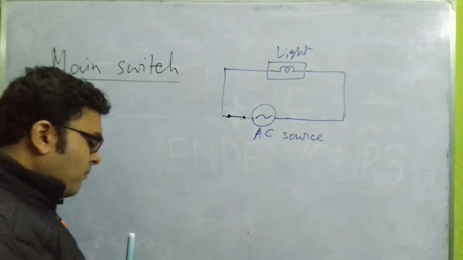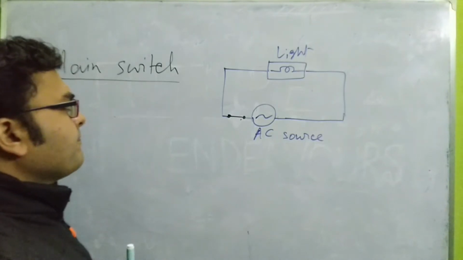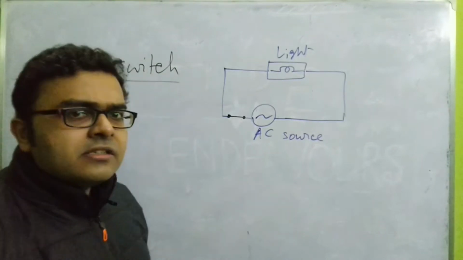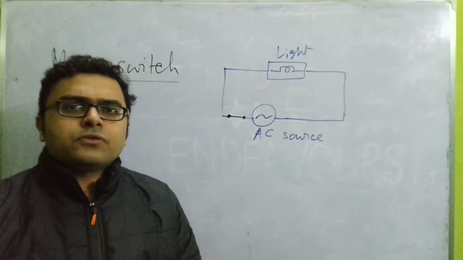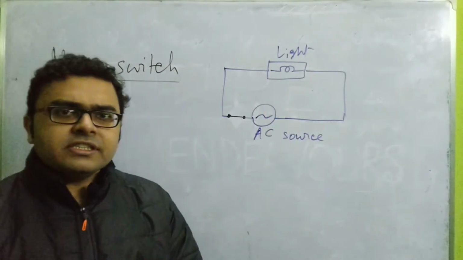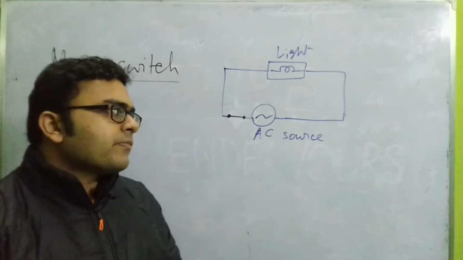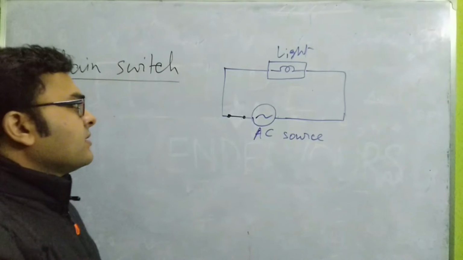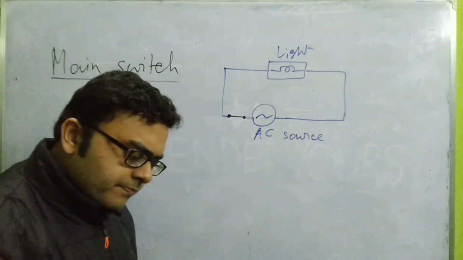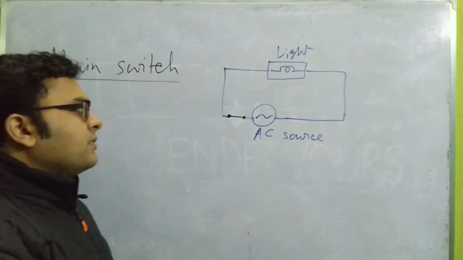Now see, the gap that there was in between has been closed, and the circuit now becomes a closed circuit. As a result, the current can flow from the AC source through the light and come back to the AC source, isn't it? So in this way, an electrical appliance can be operated from a power source. Now I want to discuss one thing here.